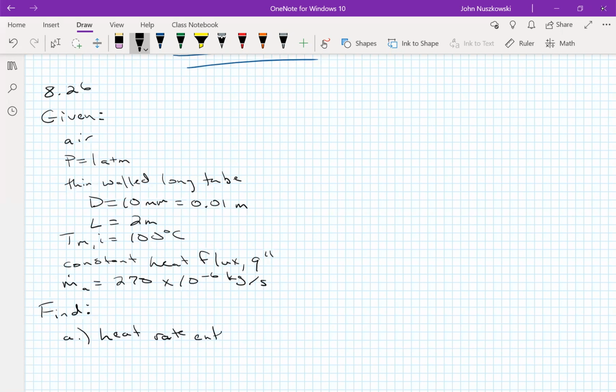So that's Q, but they also give us that in part A, the exit tube surface temperature, Ts,o, is 160 degrees Celsius.